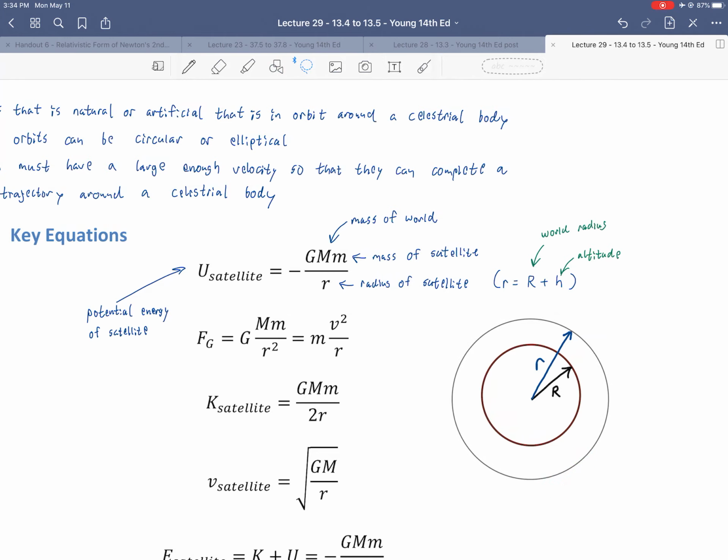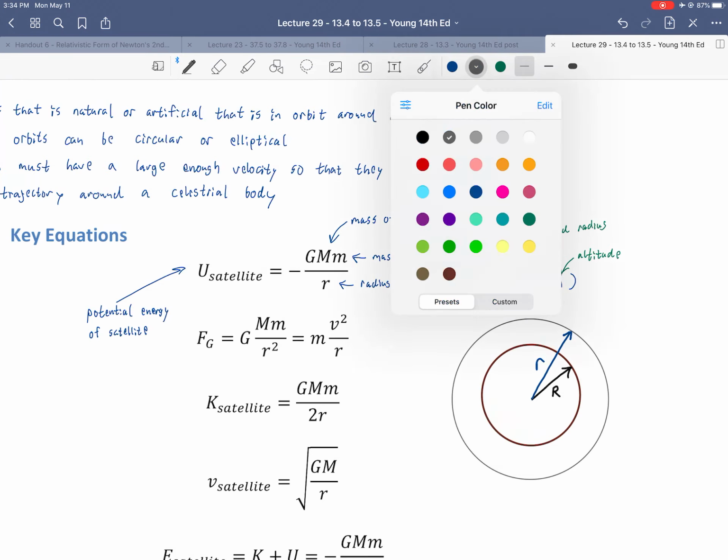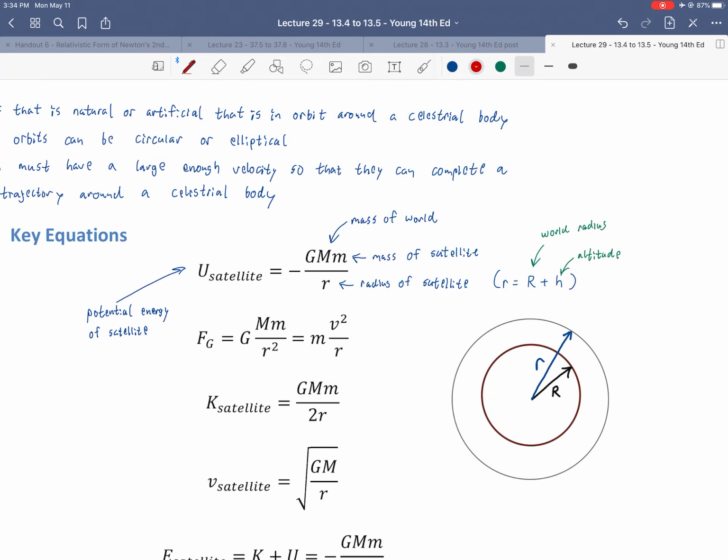Kind of line that up. Close enough, right? All right, so then that's our satellite orbit. If we then were to draw our satellite as a little rectangle up here, we could then think of the sum of forces acting on that satellite. So we'd have a gravitational force, all right, and that's it, okay? That is the only force acting on the satellite, just a single external force.